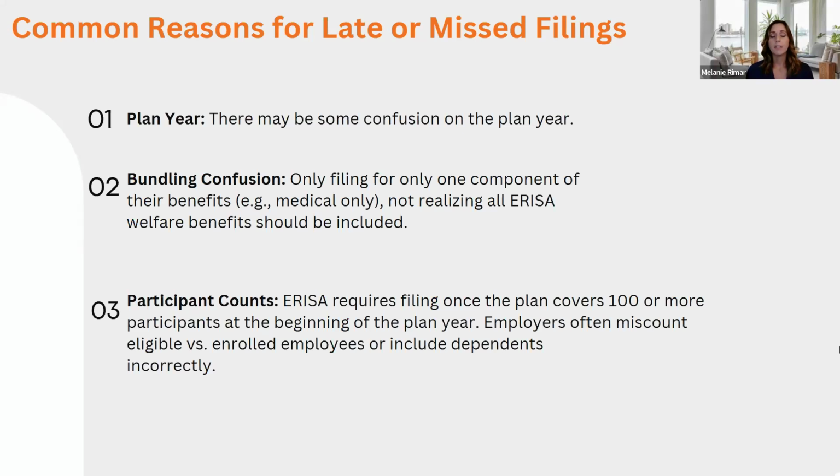The second reason is bundling confusion. Maybe not realizing that all the ERISA welfare benefits should be included on these. So you're thinking you only need to file for medical, or you missed on your SPD wrap that your life insurance policy was included, whatever it may be.